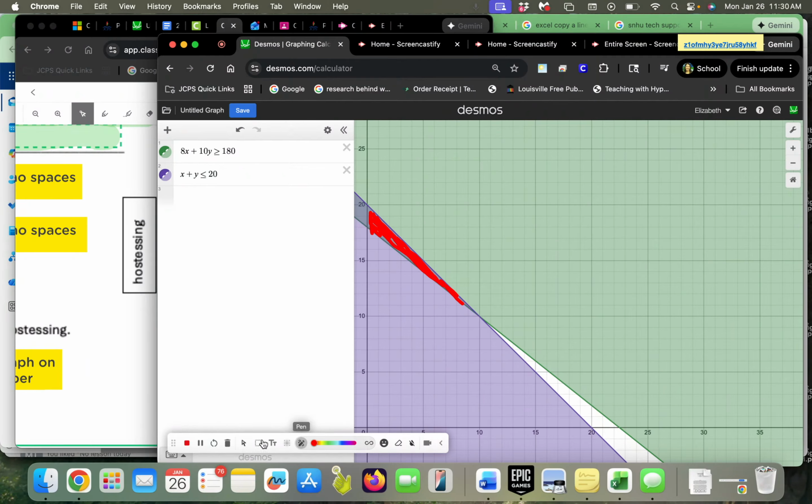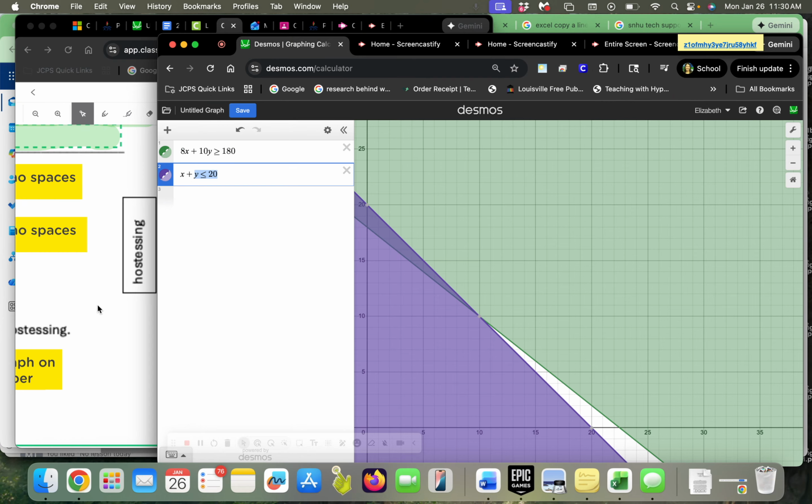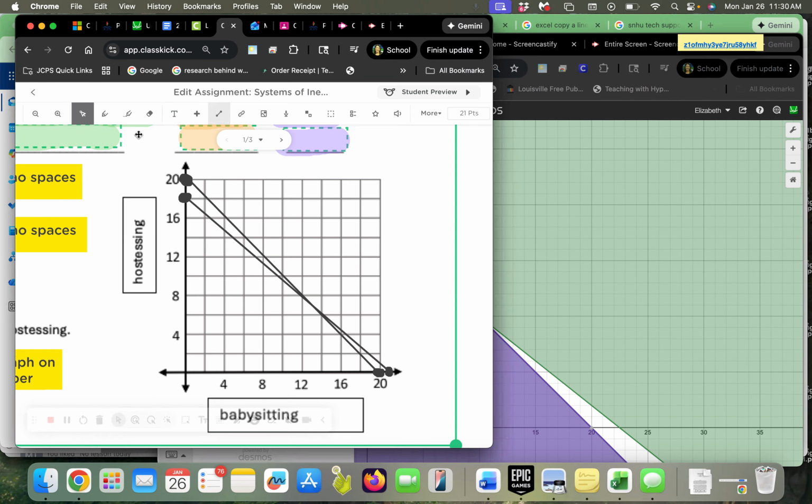That is the part that we care about the most, because that is where all of the coordinates are that satisfy both inequalities. That means that the coordinates in this area allow our person in our story to make at least $180, but work fewer than 20 hours at the same time. So I am going to just color right in here.